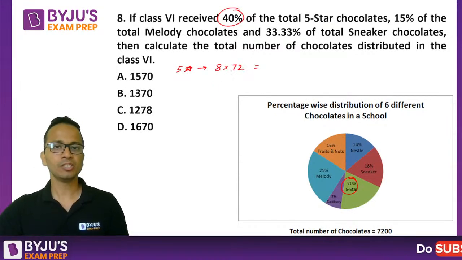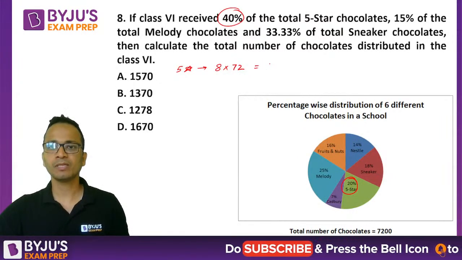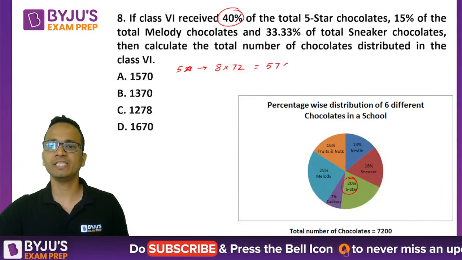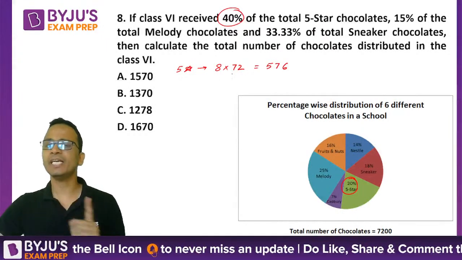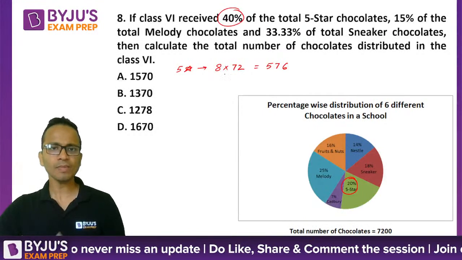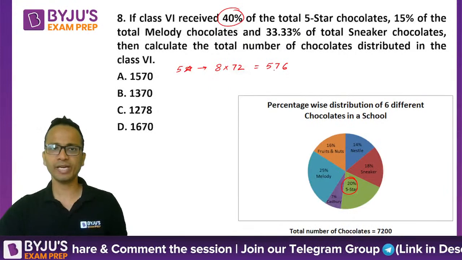All right, so 8 into 70 is 560, 8 into 2 is 16. So 560 plus 16 is 576, right?